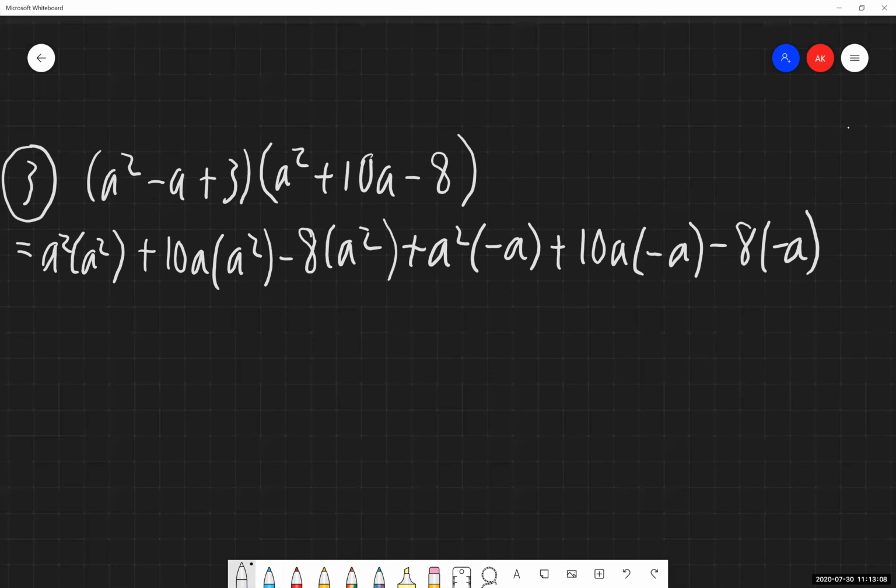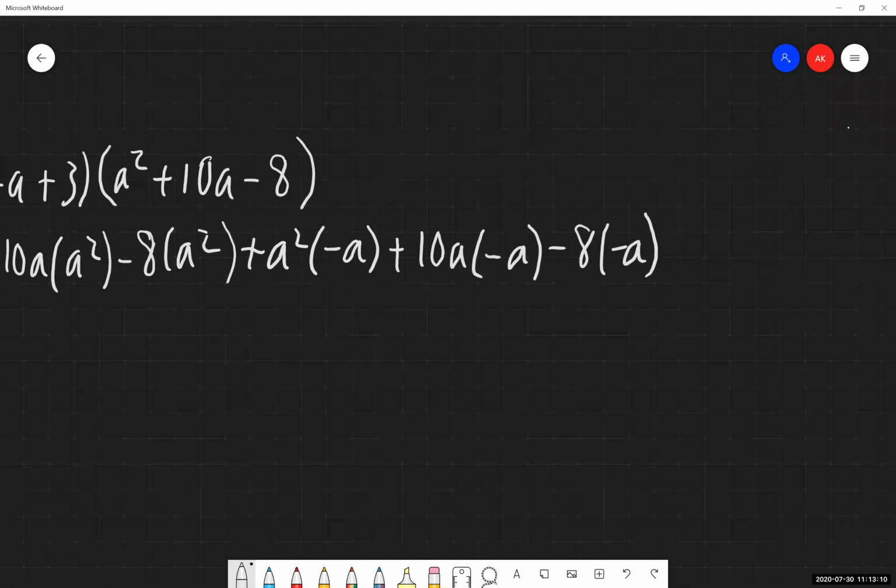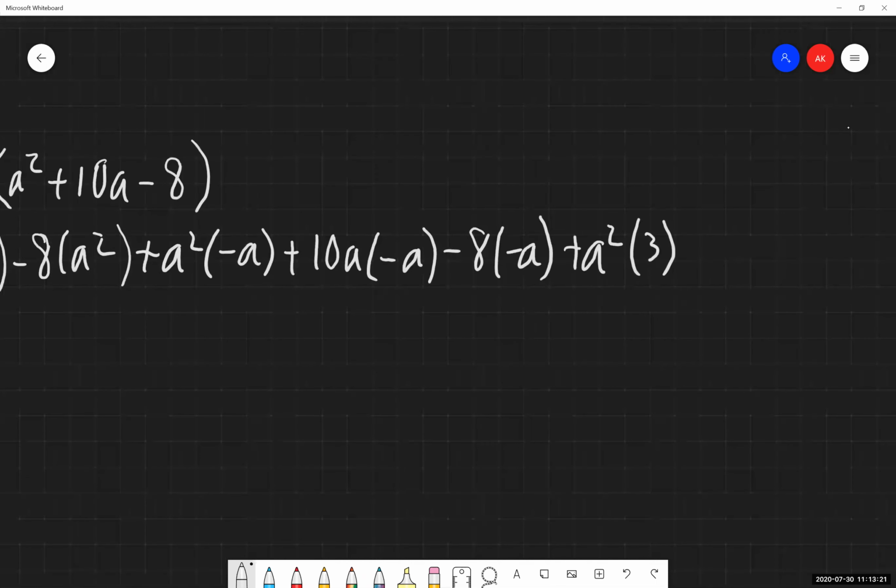So again, hoping we're starting to see that this is, I think at least, a pretty mechanical, pretty repetitive process. If we're not organized with it, it can become a mess really, really fast.